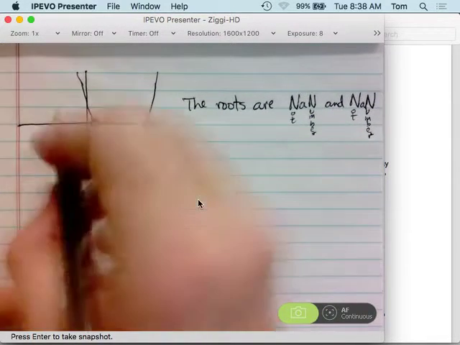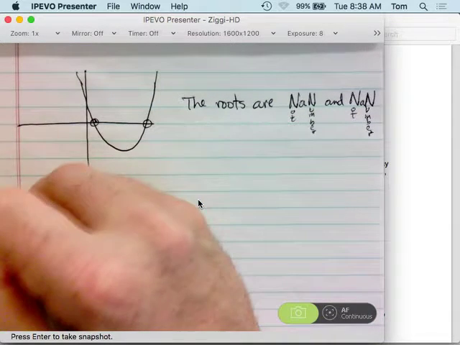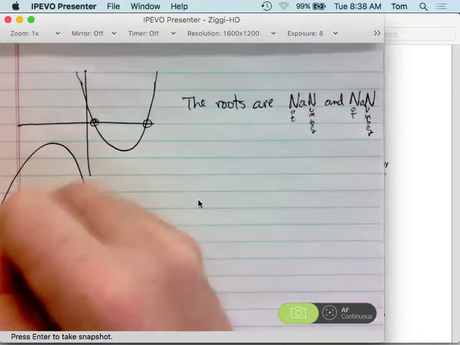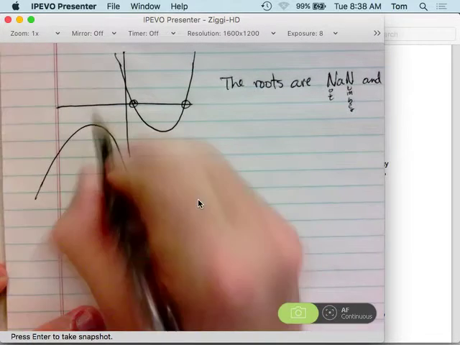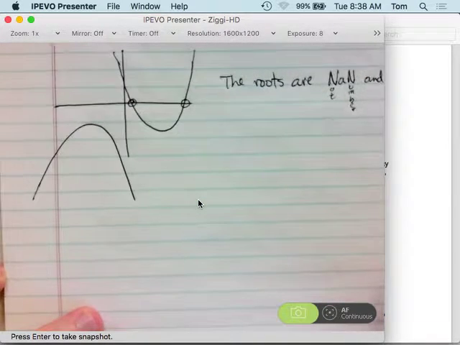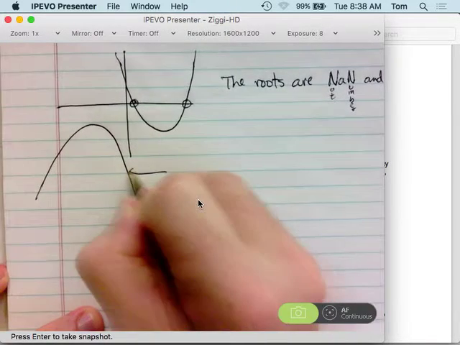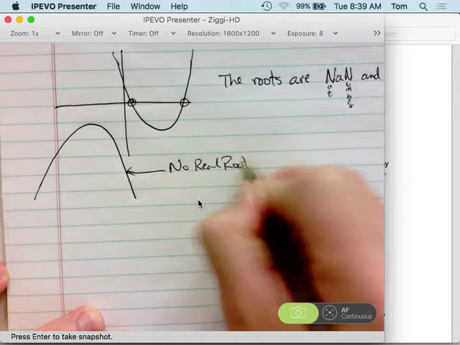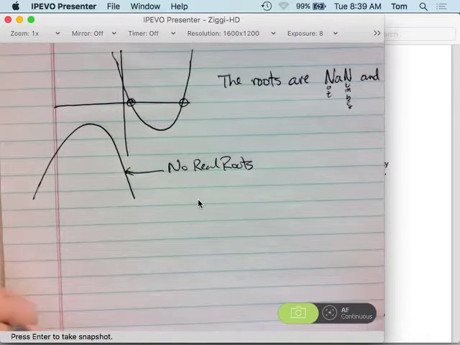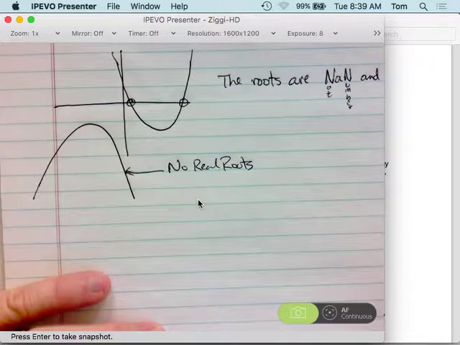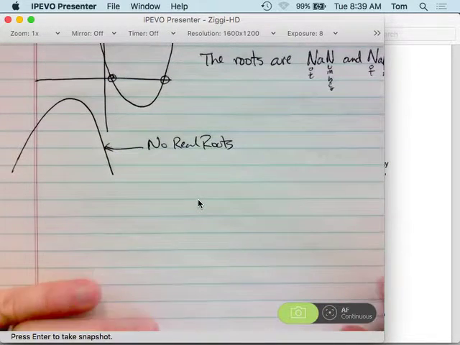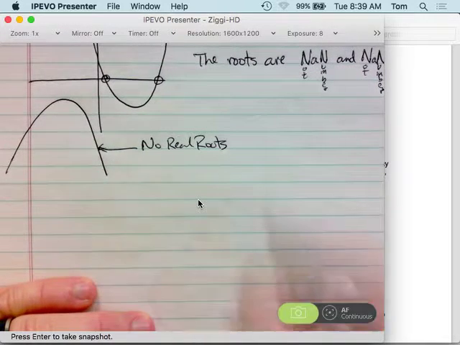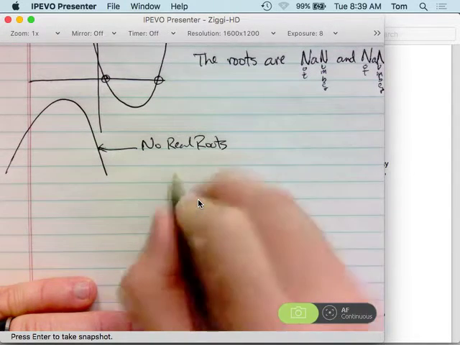Well, if you put in values that give you a parabola that looks like this, that parabola does not cross the x-axis, so it doesn't have what are called real roots. Okay? So this one has no real roots. So we want to make sure that we put in values that give us roots. There are what we call imaginary roots, but we're not in an Algebra 2 class, so we're not going to be talking about that. Okay? So let's make sure that we have some real roots.